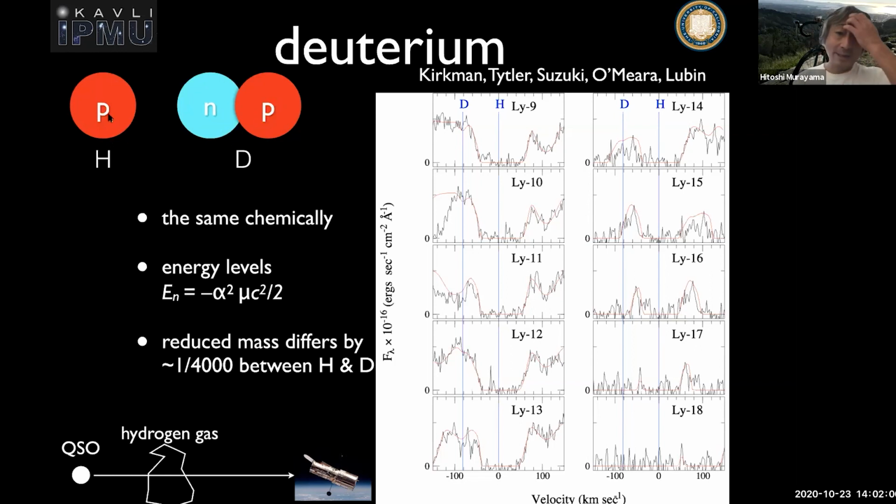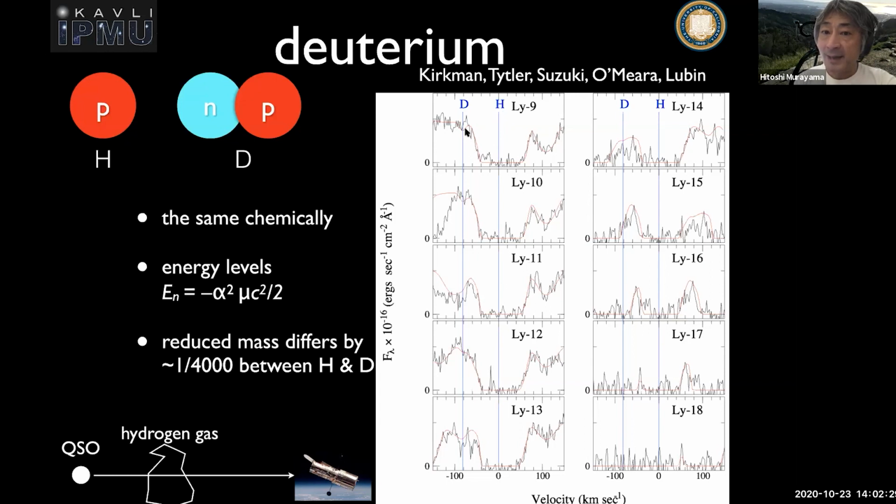And the proton mass is about 2,000 times heavier than the electron. So the change in the reduced mass in the energy levels is different at the level of 1 part in 4,000. But that's something you can do spectroscopy to determine, the difference in the energy levels at the level of 1 part in 4,000. And what you're seeing here is that the absorption line from the hydrogen and the absorption line from the deuterium can be separated from each other.